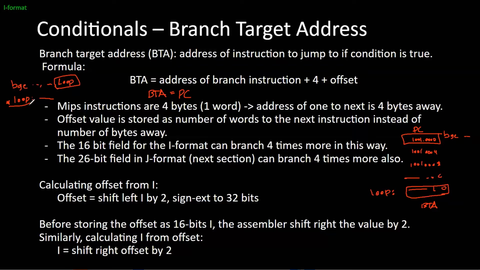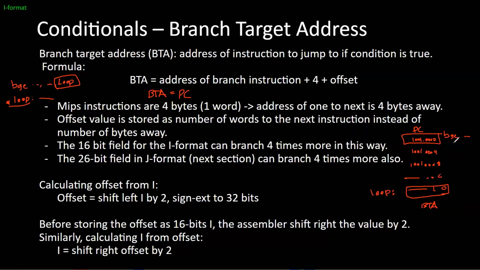That sounds very absolute, because you're jumping from anywhere to loop. But how it actually works is that this label is replaced by a relative value, telling the processor how much to jump from the current location.